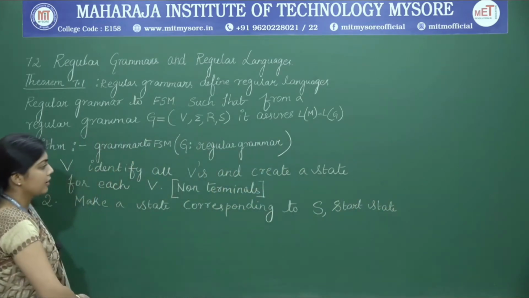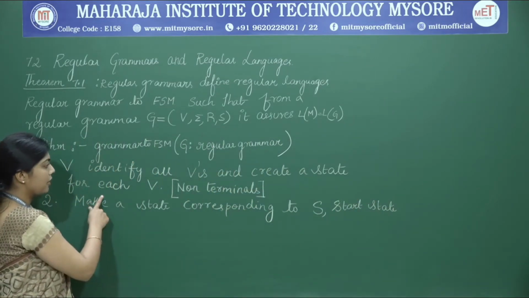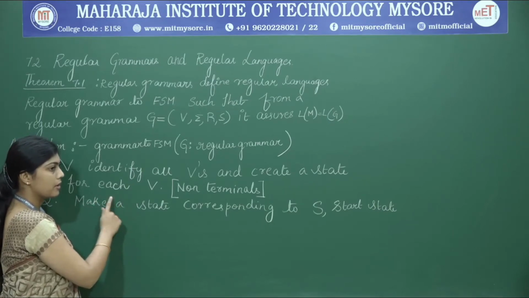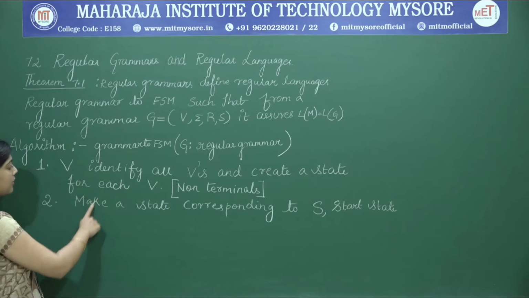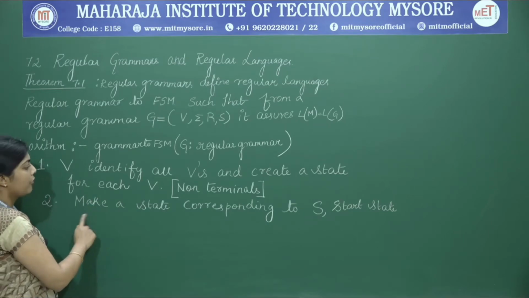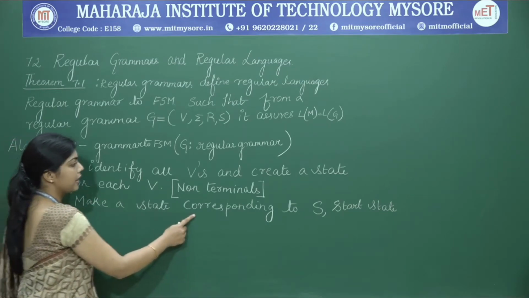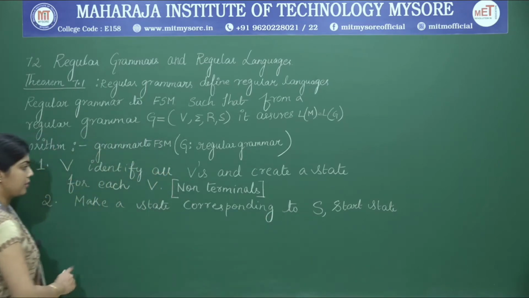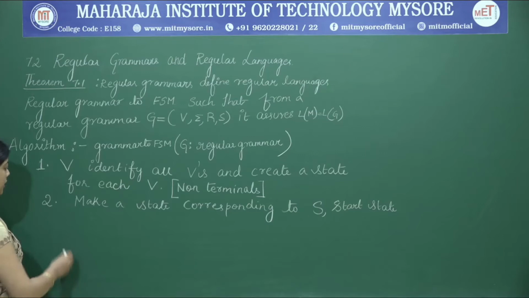So, this is the second thing that we have to do. After identifying all the variables, we create a new state for each of the variables in the production rules, and the second step is that we make a separate state corresponding to S. S is nothing but the start state, so it is regarded as the start state.